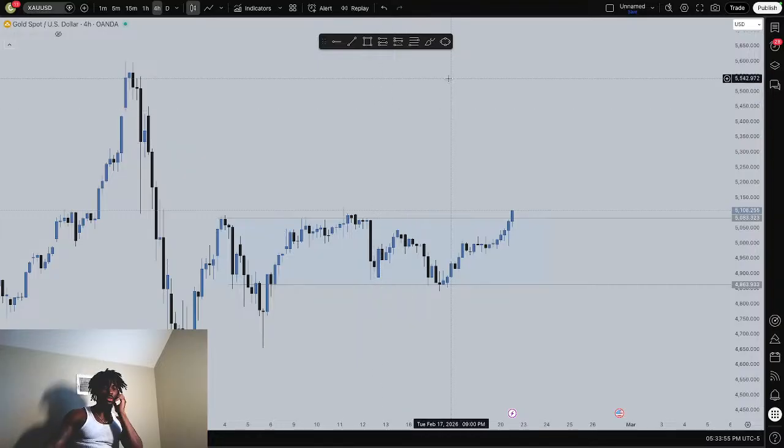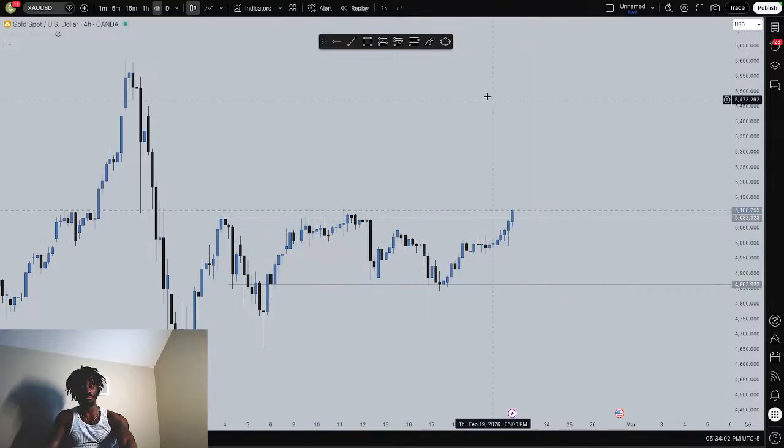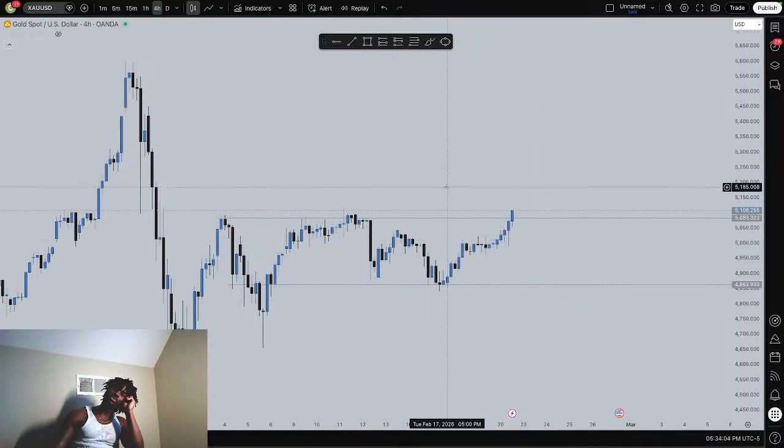If gold does end up continuing to hold and break above 5,100, then I'm going to look to target 5,300, which is, let's see, that's 2,000 pips, which is actually very, very beautiful.